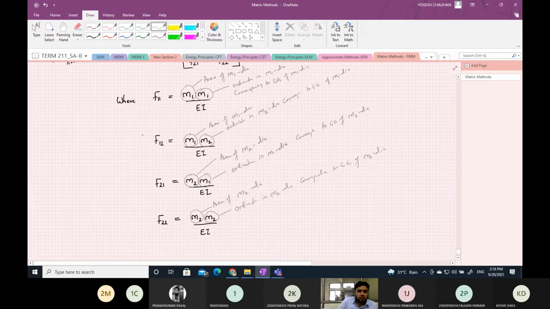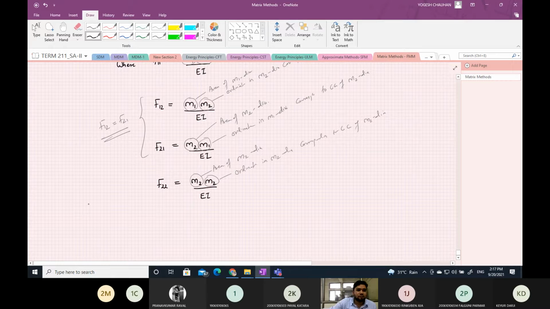Now note that F12 will be equal to F21. If you calculate the area of the M1 diagram and multiply it with the corresponding ordinate in the M2 diagram, you will get the same value as the area of the M2 diagram multiplied with the ordinate in the M1 diagram corresponding to the CG of the M2 diagram. We'll check that by finding the values now.